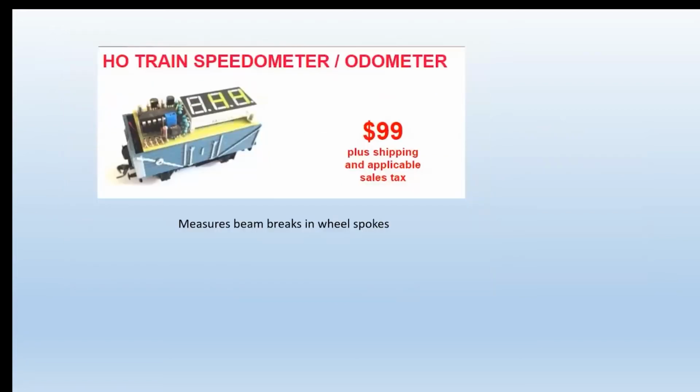And then finally, on the commercial side, is a speedometer built into a truck. Not cheap. As you can see here, it works on the basis of having a beam directed through the spokes of one of the wheels. And as the wheel rotates, it breaks the beam, and you can count the number of times it's pulsed, and you know the size of the wheel, so you can work out how much it's traveled per pulse, and from that you can work out the speed.